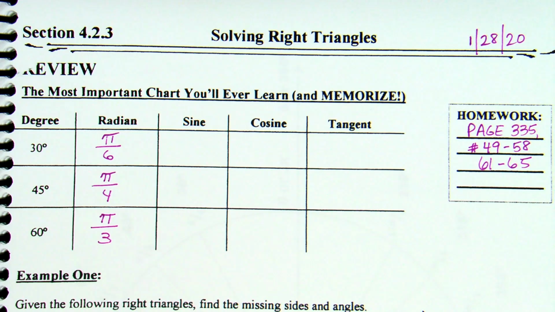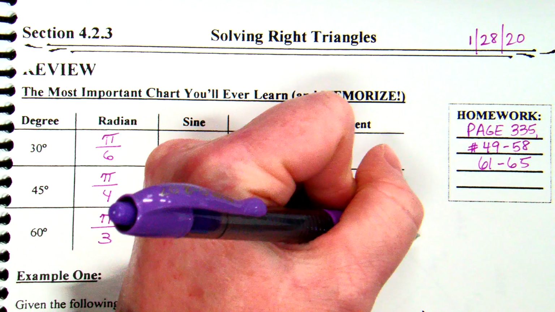Now, I'm going to go ahead and draw the triangles down here. If you can fill in the chart without drawing the triangles, that's great. However, if you need the triangles, by all means, use them.